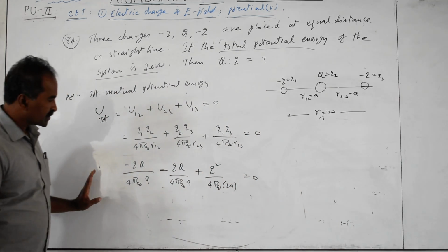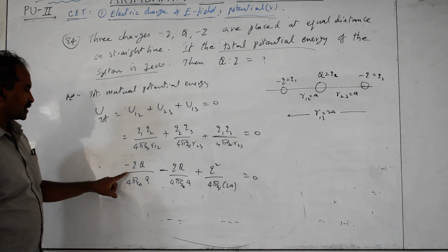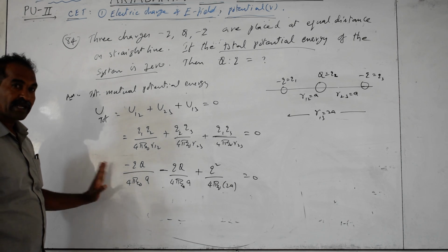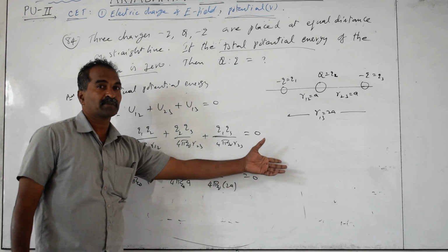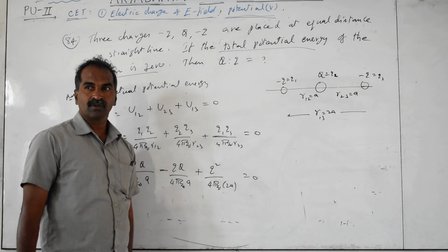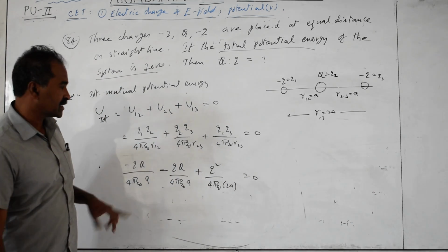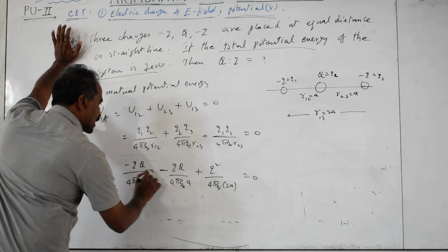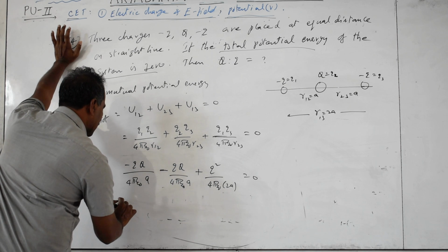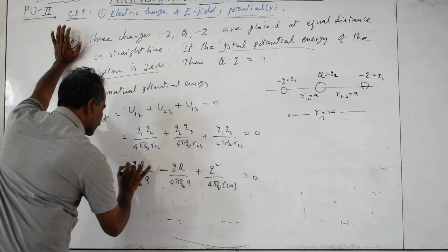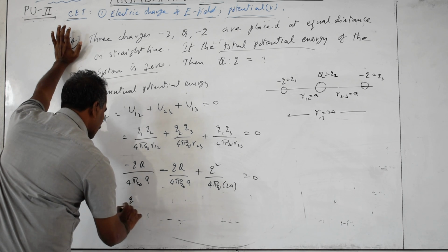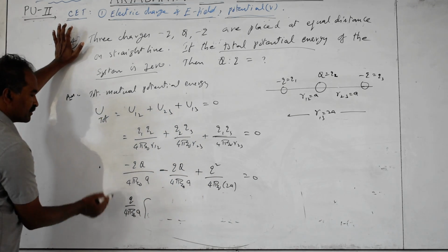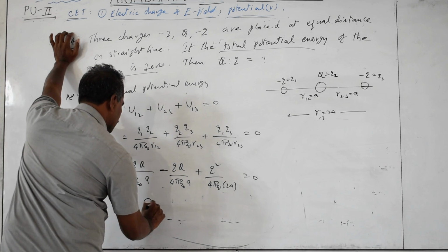In this you take out common terms. What you can take out common is q by 4 pi epsilon naught a. Whatever you take out common, if you take it to the right side, it is 0 into something constant, so that becomes 0. So common terms you can cancel when the right side is 0. In the first term only minus Q remains.